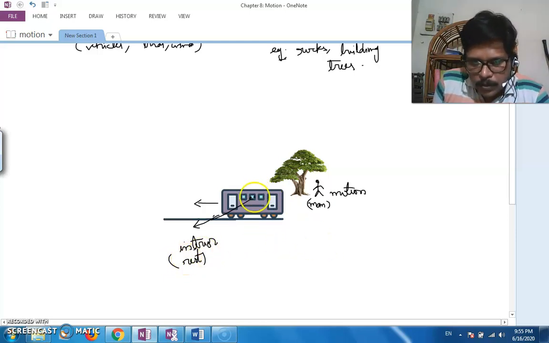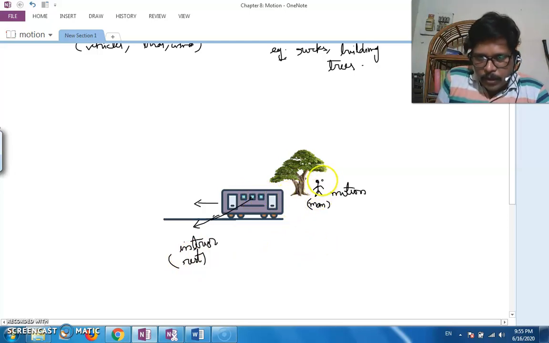So with reference to this man, you are in motion. At the same time, with reference to the interior of the compartment, you are at rest.